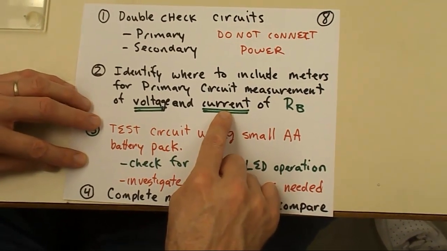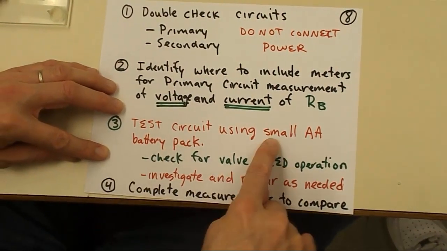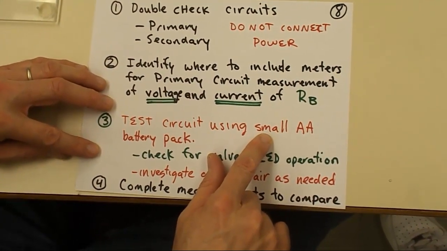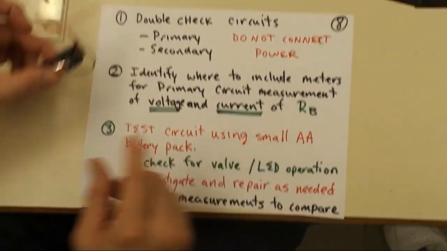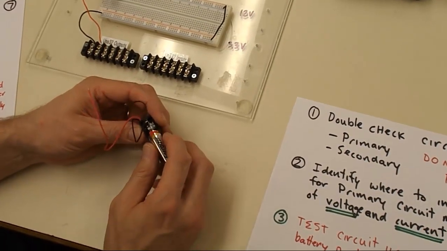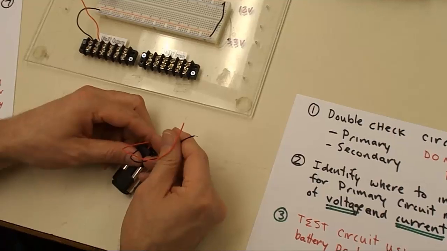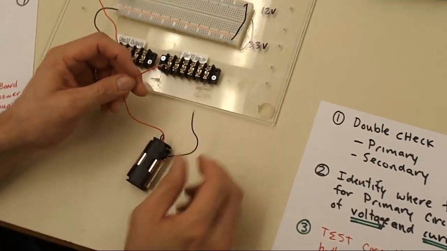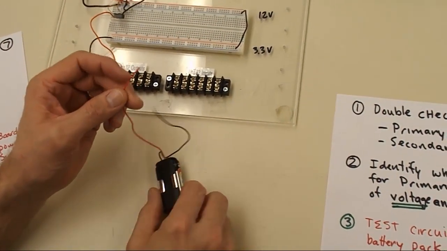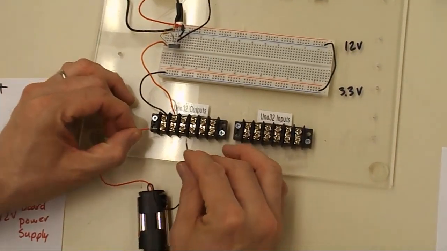So a little practice from last week. Right now, let's assume that I've gone through and I've double checked the circuit. I want to test the circuit using a small AA battery pack. So I'm going to grab this small AA battery pack, and I was careful to put the batteries in according to what they say internally, so that I know that this is the low side and this is the plus 3 volt side. Of course, 1.5 volt batteries will give us about 3 volts, which is similar to the Uno32.